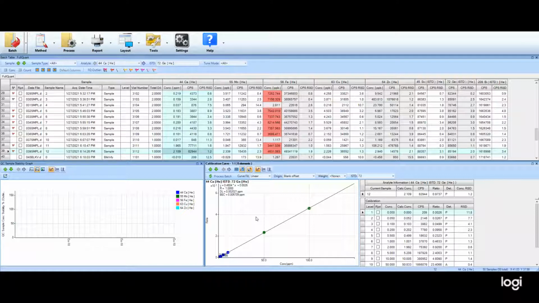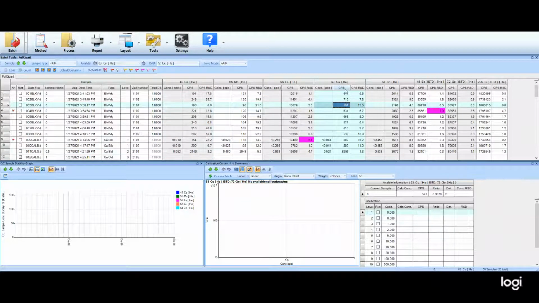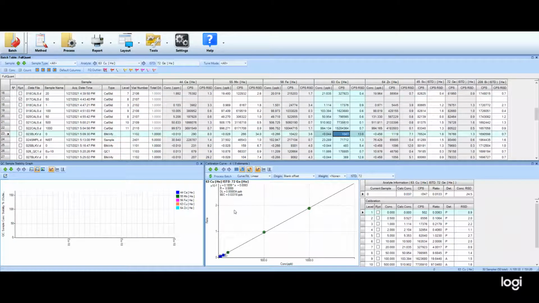So the background counts for copper, for example, let's just see, in our blank verify, our background counts for copper were about, let's say, 600 when we started, 500, 600. So the background equivalent concentration for these 600 counts would be about 33 ppt. The detection limit for copper goes much lower.